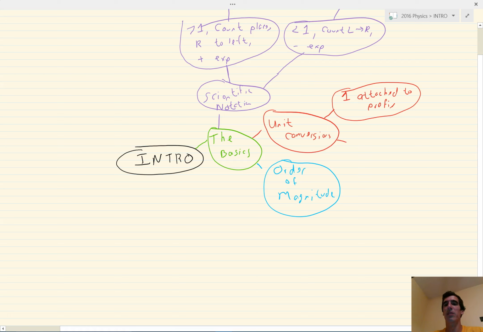And then the other number, something that was 1 times 10 to the n, whatever you're converting, was attached to the base unit. So 1 times 10 to the blank meters, grams, whatever.